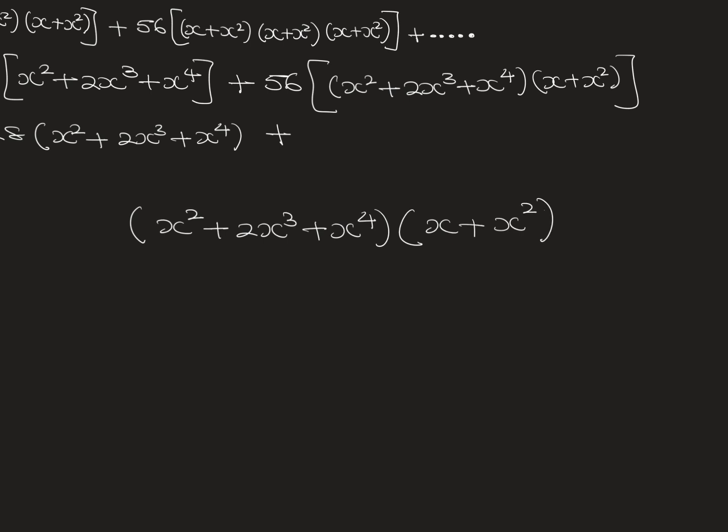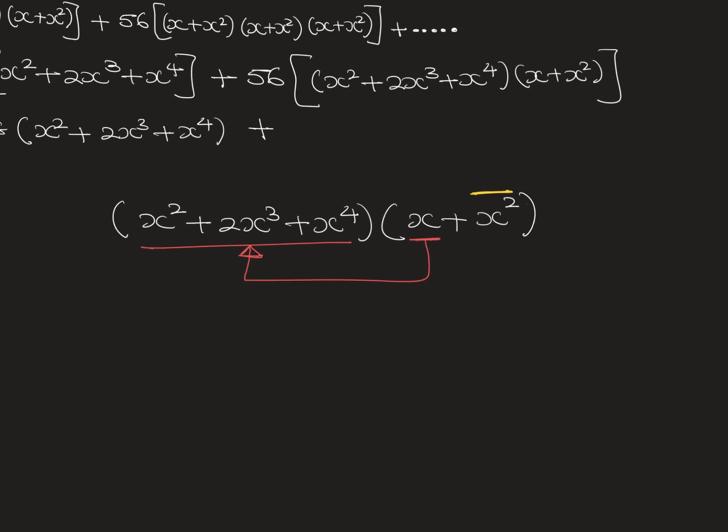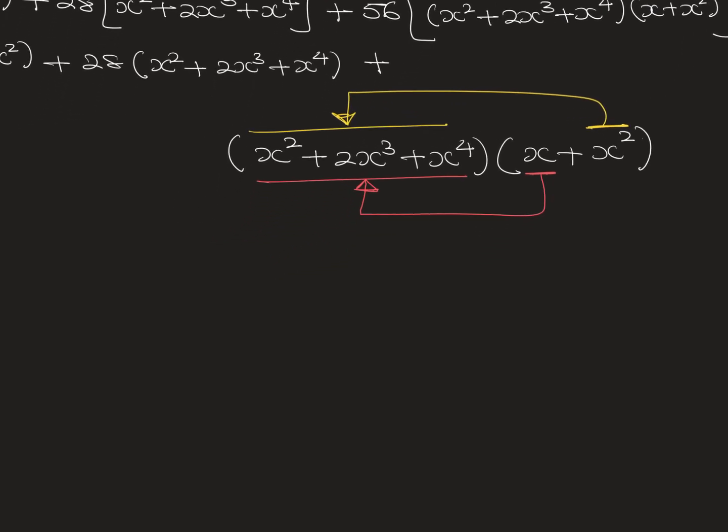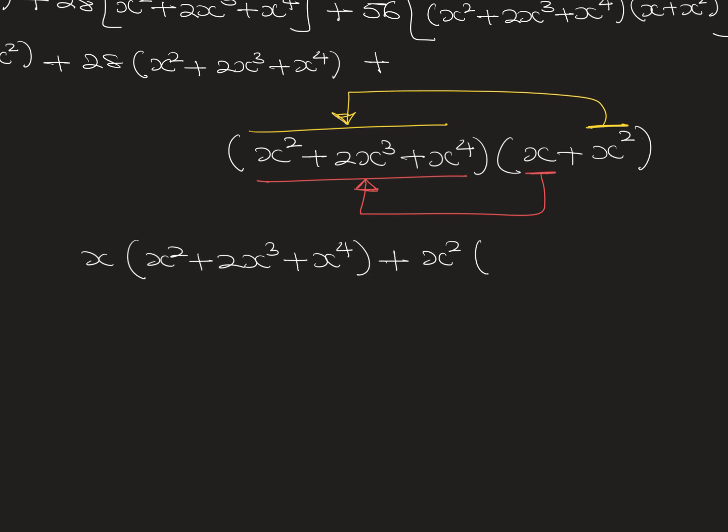So how do we expand this? We will take this x, then multiply with everything here, and then take this x squared, then multiply with everything here again. And so that is, we're going to have x into x squared plus 2x to the power 3 plus x to the power 4 plus x squared into x squared plus 2x to the power 3 plus x to the power 4.